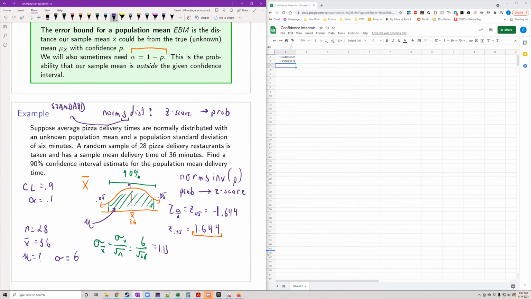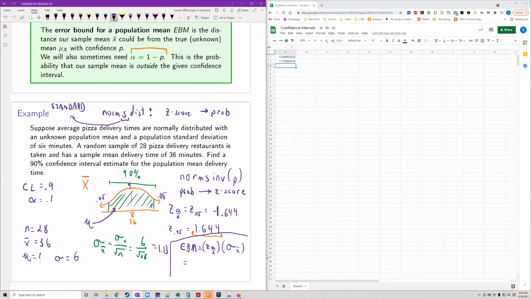Okay, so now we know how many standard deviations it's supposed to be. That's the z-score. We know how big the standard deviation is. That's the 1.13 we just calculated. So the error-bound mean is going to be the z-score multiplied by this new standard deviation.